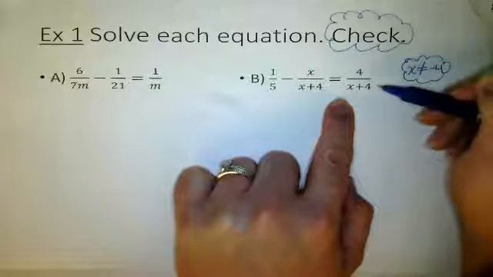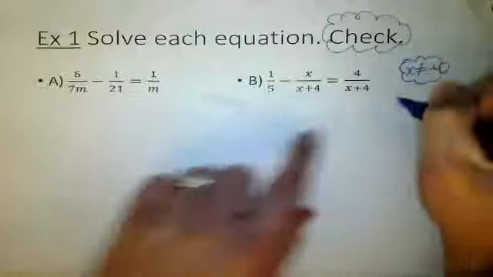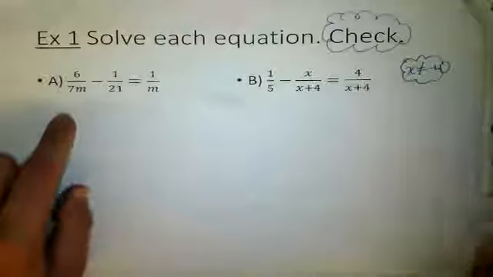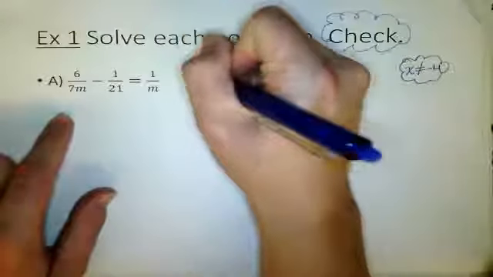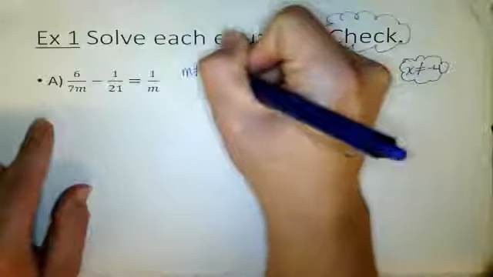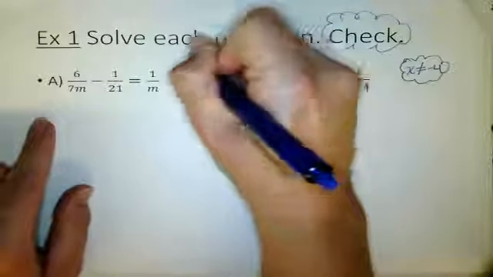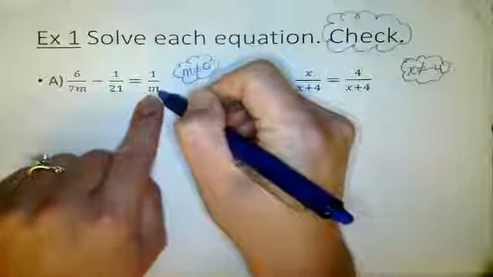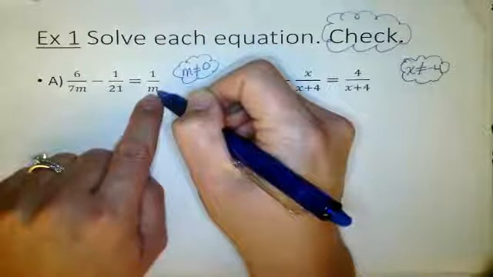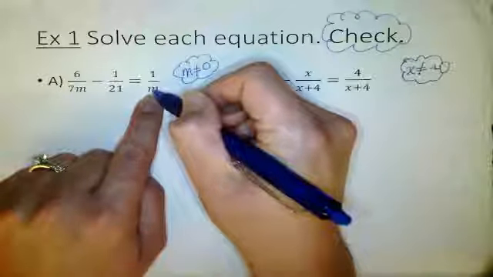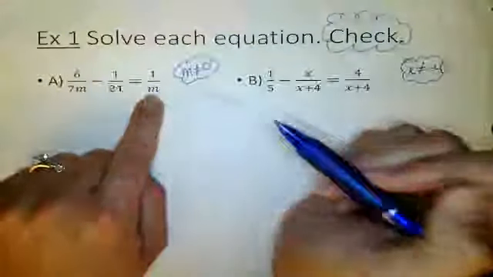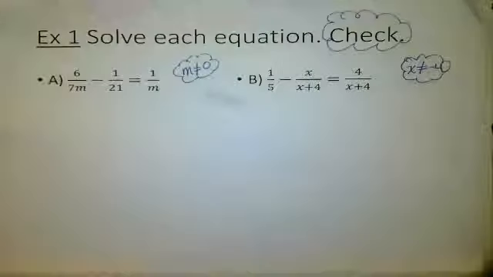When the 0 is under, it's undefined. Very good. What about over here on letter A? What is m not allowed to be? 0. Very good. Right off the bat, I cannot replace 0 in place of m, because then it'd be 1 divided by 0. We're not allowed to divide by 0.